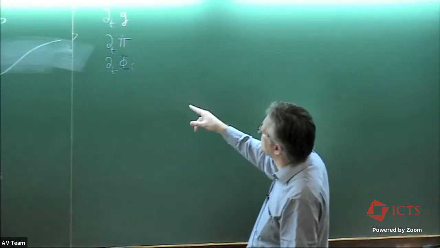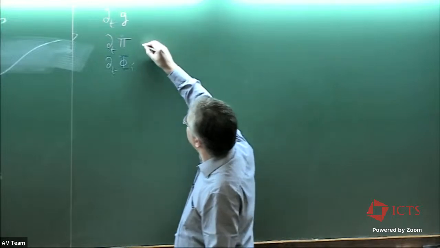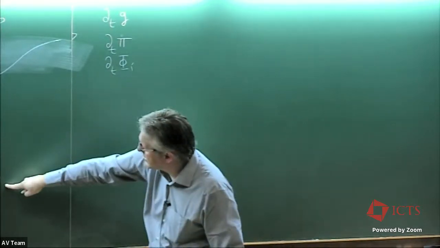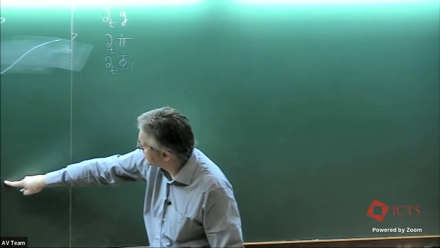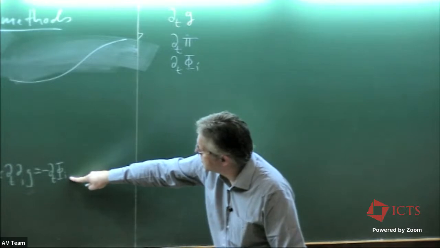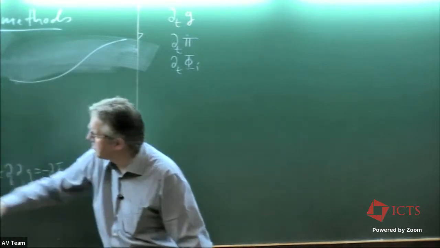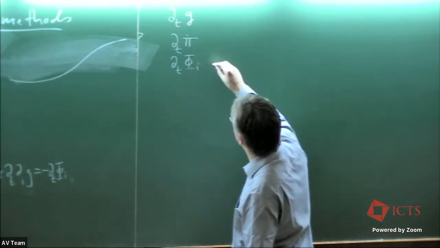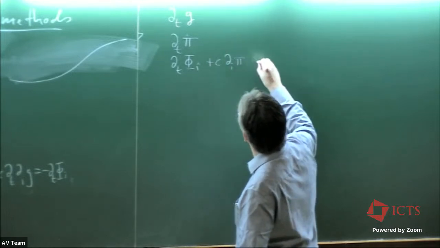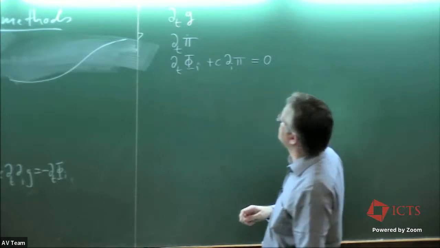So let's see what we have. I see a dt phi i sitting down here, so let's take this one first. dt phi i is equal to c times gradient pi, and if I move everything to the left-hand side, then I don't have any minus signs.